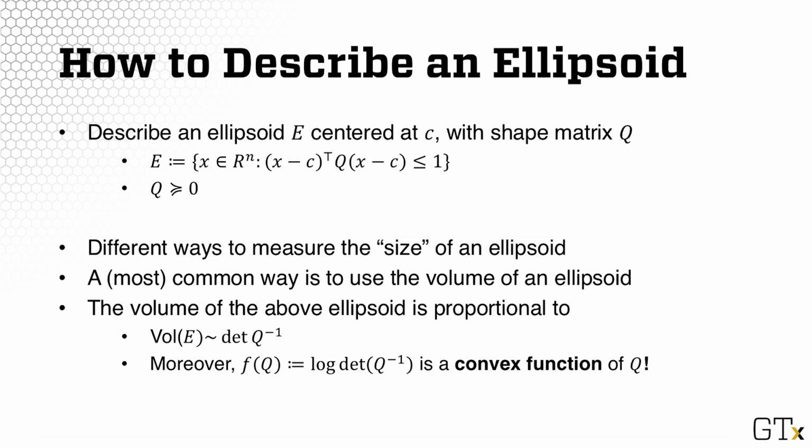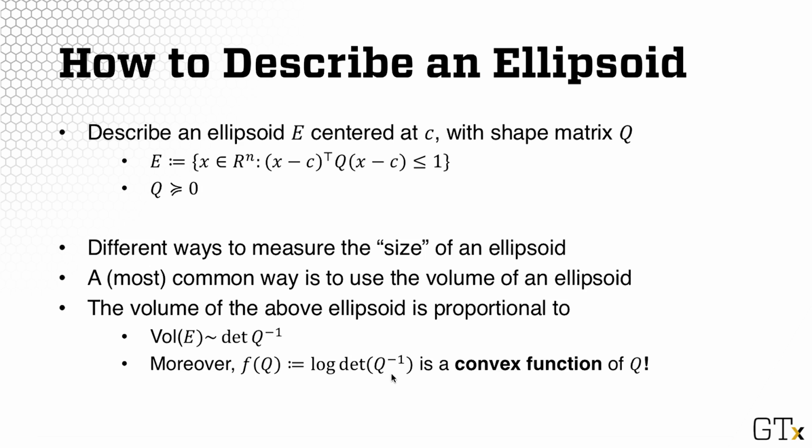So I'm going to look at the log determinant of Q inverse as a function of Q. So f(Q) is log det Q inverse, and this function magically turns out to be a convex function of Q. I'm not going to prove this, but you can take this as a fact. This is a very important fact: the log determinant function of a matrix inverse is convex.